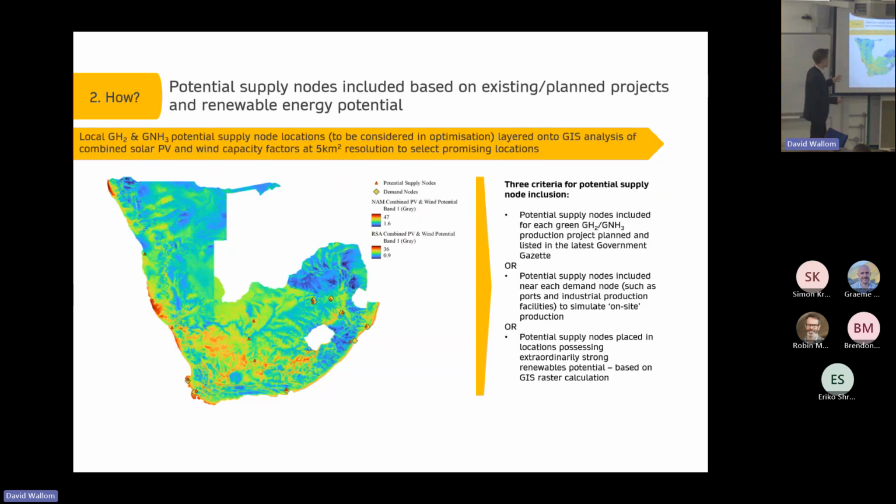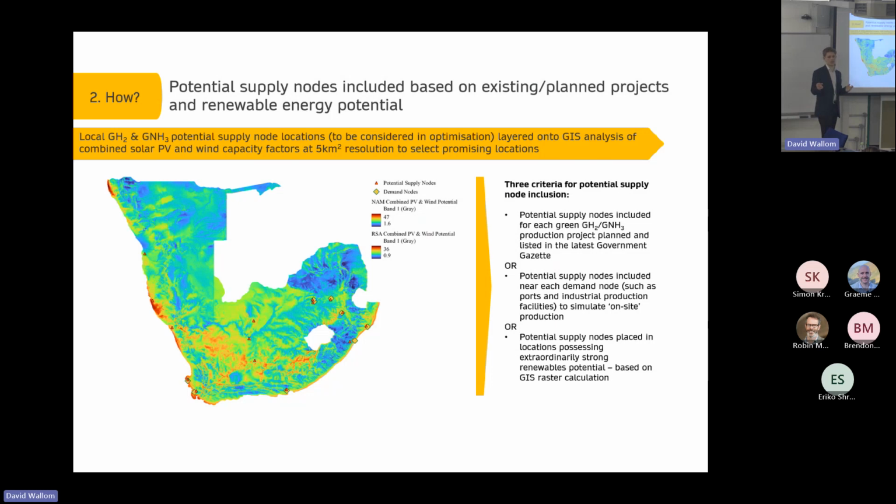Then in terms of telling the model these are where you can supply from, those supply nodes were basically included for one of three reasons. Either they were already listed as prioritized projects by the South African or Namibian governments, or they are just available locations near the demand centers.